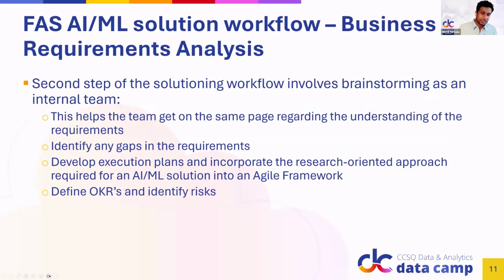Okay, business requirements analysis. This is something we have already done; all of us have been through this step of understanding business requirements. But one thing that stands out for an AIML solution is that there is a certain research-oriented approach that you have to take. You don't always know what will work best. So that's where you have to figure out, and there is some research associated with that approach.